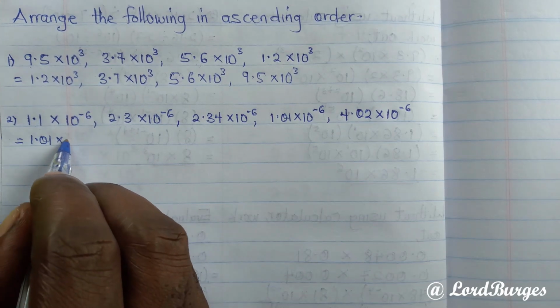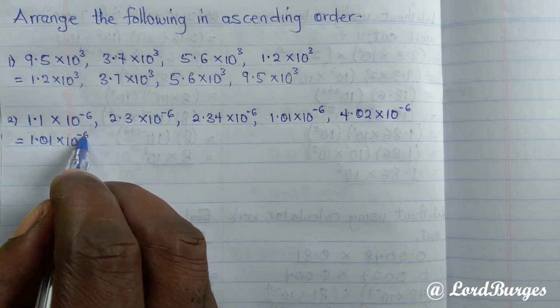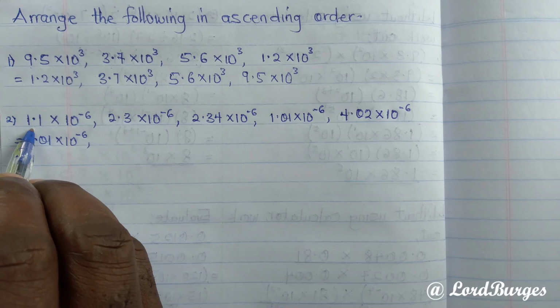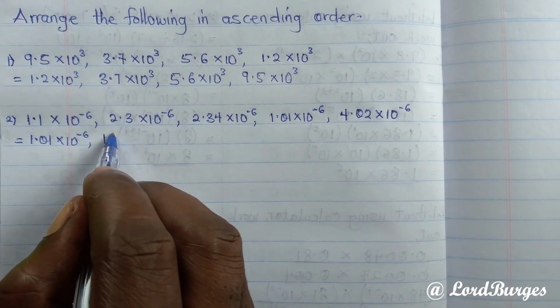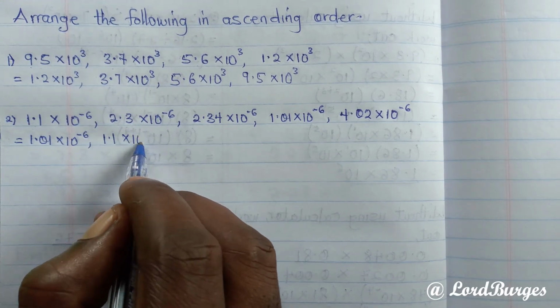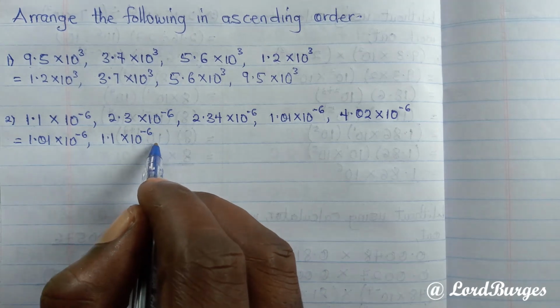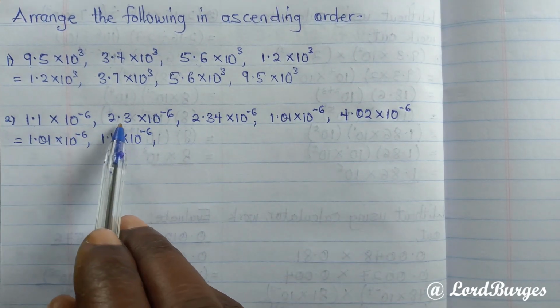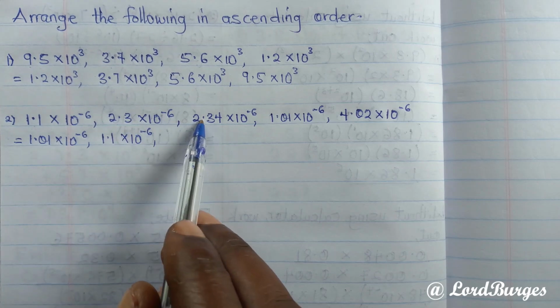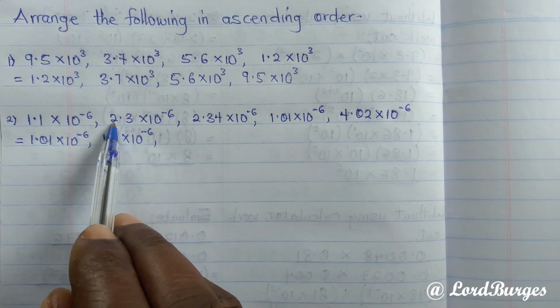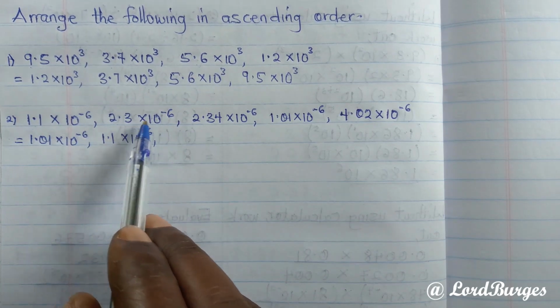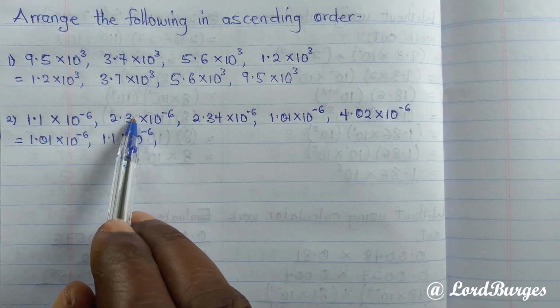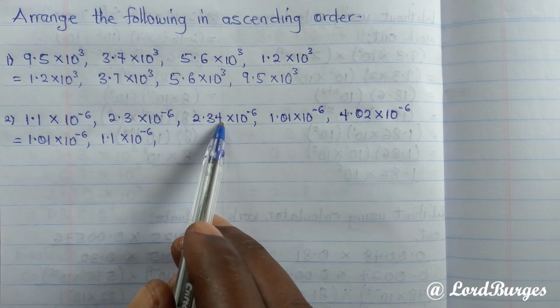So I'll be having 1.01 times 10 raised to the power negative 6 as the smallest one, followed by 1.1 times 10 raised to the power negative 6. From there, this is out, this is also out. 2.3 and 2.34: there is 2, there is 2, there is 3, there is 3, but behind the 3 is 0, and there is 4 here.